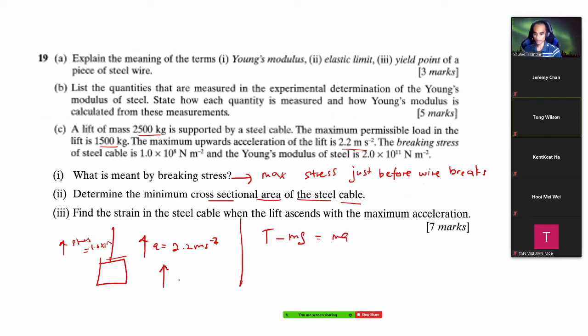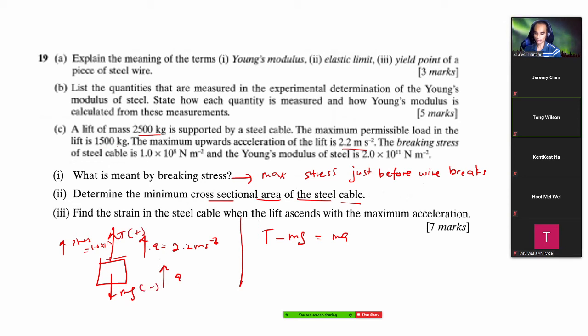So it accelerates with a pointing upwards, and it has its own mass, that is mg, or the weight of the lift, and the tension is pointing up, T. So T is positive and mg is negative.